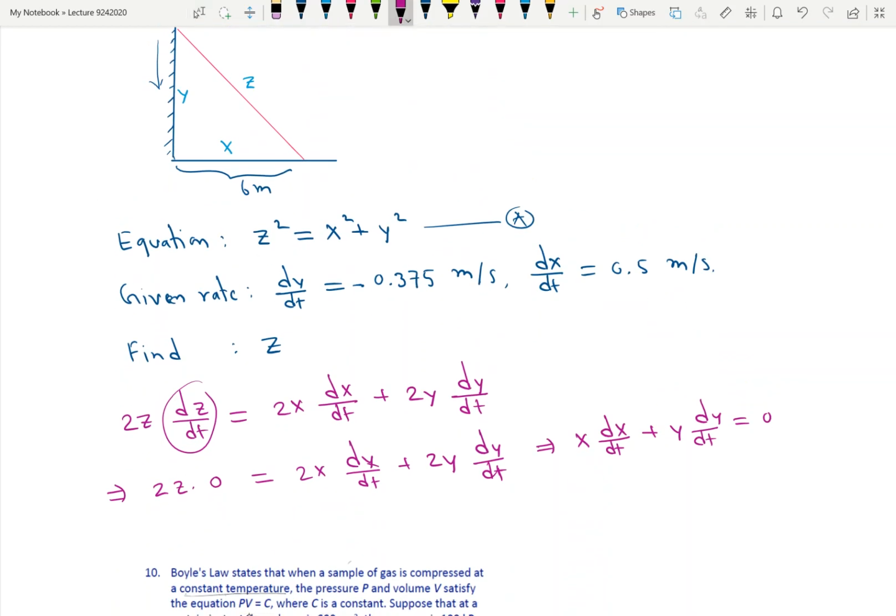So we also have x. x is given as 6 meters. So plug in this information, dy over dt, dx over dt and x, and you will get y.